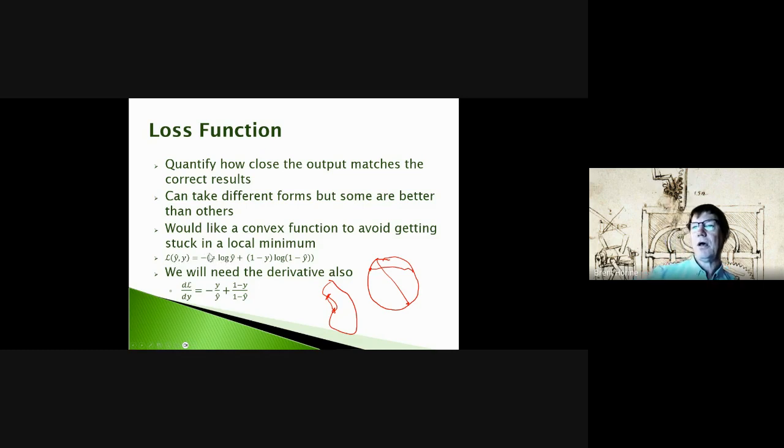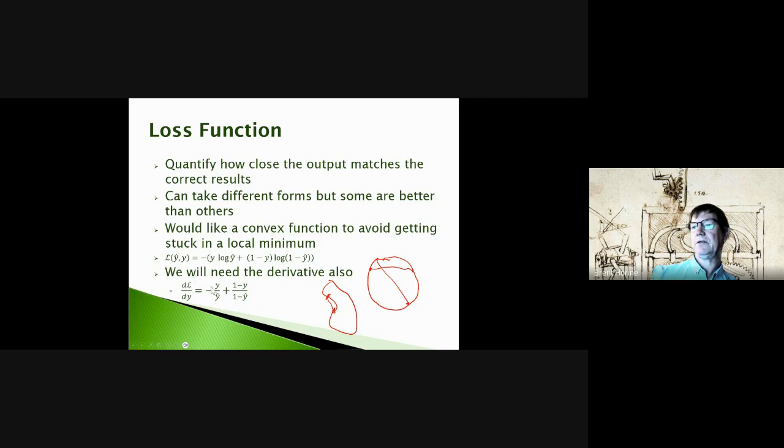And here, y hats are estimates, y's are labeled data. And we're going to have this loss function that is comparing the estimated, so what the model is estimating, with the quote unquote true values. And yeah, we're going to use that.